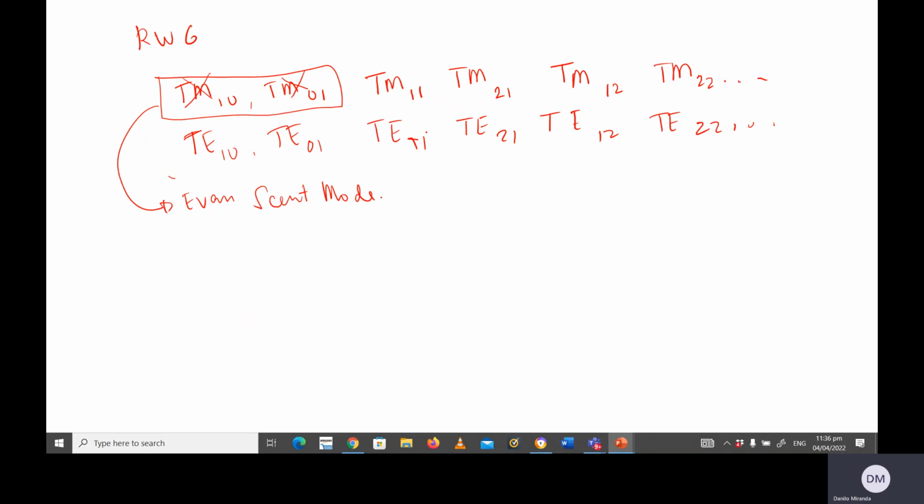And sometimes the dominant mode is from this until here. That will be your dominant mode. Okay? And then later you will see now why the TM10 and TM01 is not being used.